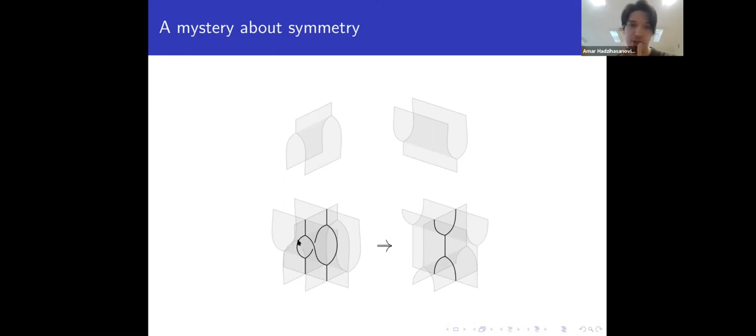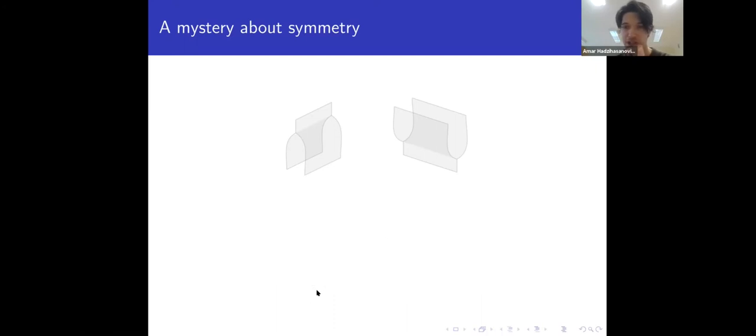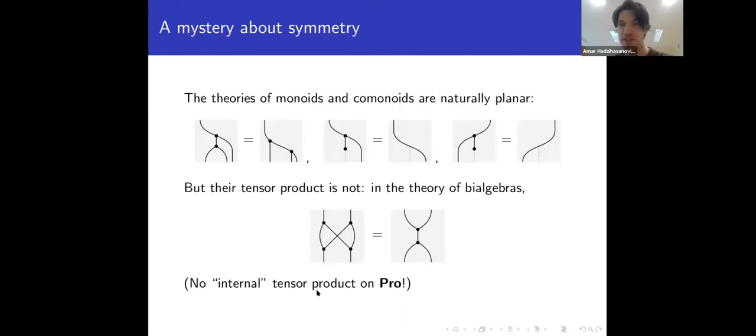And as one branching passes the other, it reaches this critical point where one branching slides into the other, and the intersection of the two surfaces evolves like this. So we have this shape on the left and this shape on the right. And the two pictures are very much like the two sides of the equation of bialgebras.